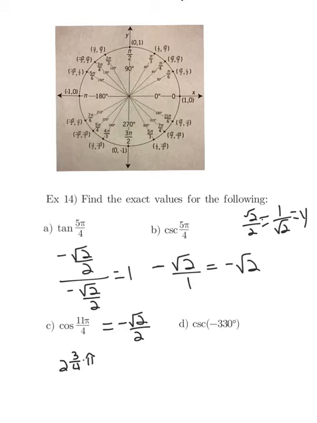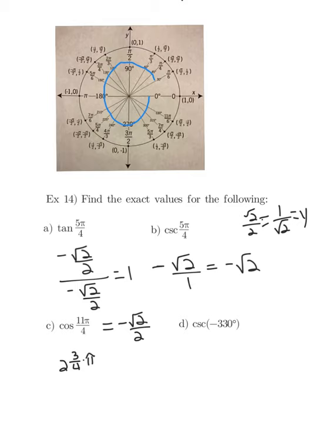For the last example, we want to find the cosecant of negative 330 degrees. So in this case, we want to start at 0. Because it's negative, we are going down. And if you think about 330, you go almost all the way.